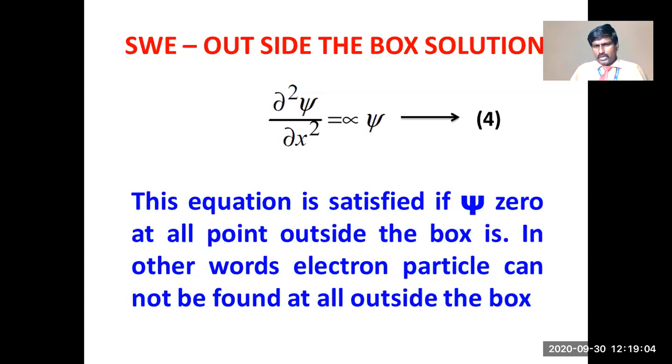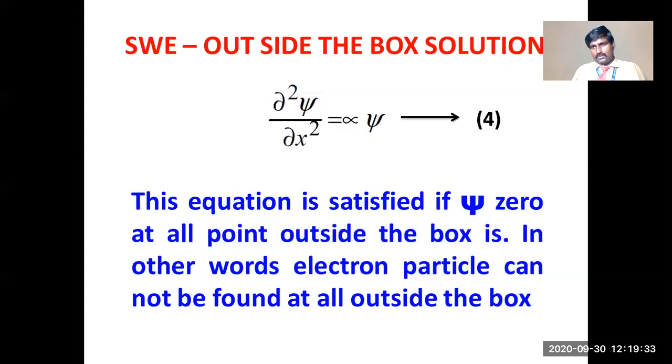Dou square psi by dou x square equal to infinity times psi means psi is equal to 0. In that case only this equation will be satisfied, otherwise it will not. So the electron will not be outside the box, by seeing this equation. That is what we get from outside the box: the probability of finding the electron outside the box is 0.